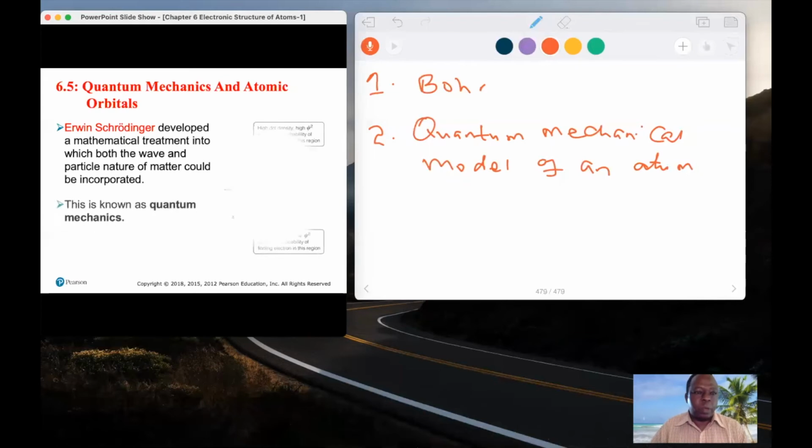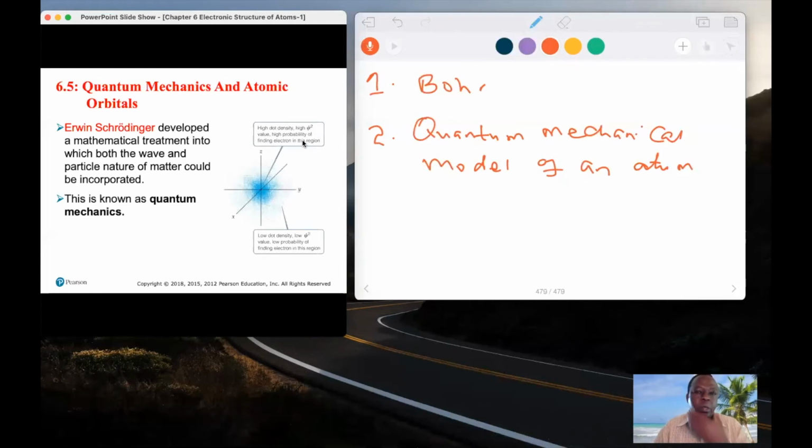It is beyond the scope of this class. This is called quantum mechanics, which only gives the probability, since we do not know. The solution of the wave function, the solution for the wave equation, is psi squared.